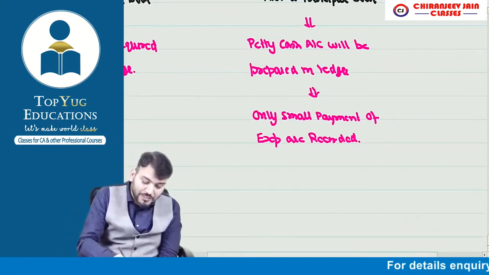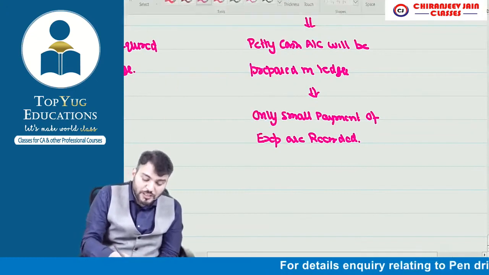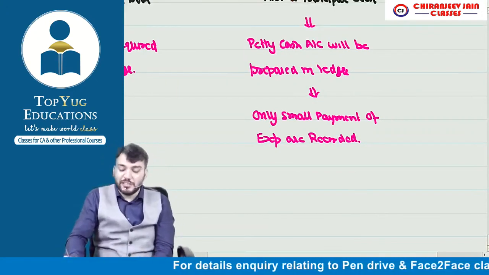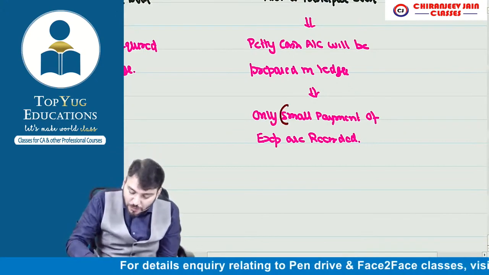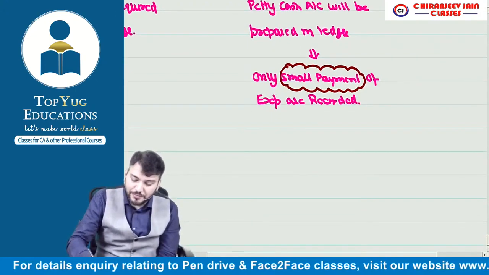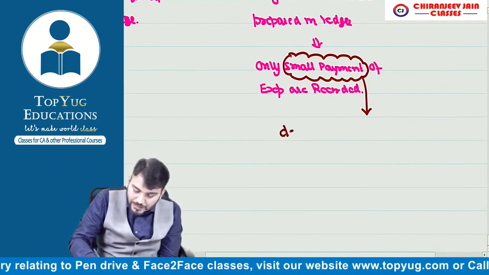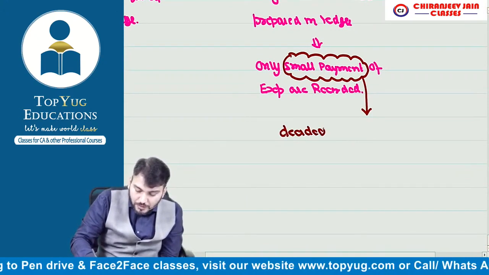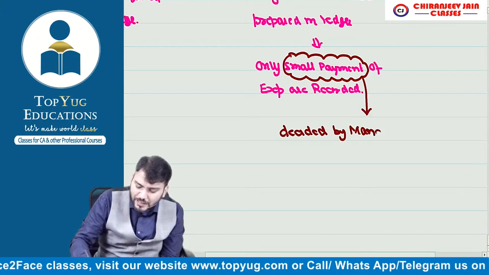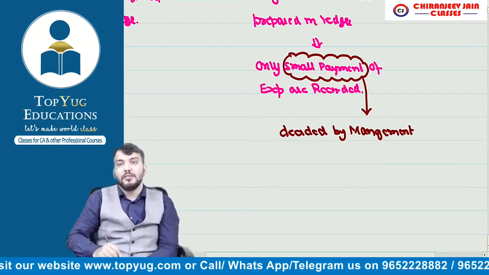Now the question is: sir, small payment up to which limit? How much is small? 10 rupees, 50 rupees, 100 rupees, 1000 rupees? This small payment will be decided by management. The accountant will not decide, correct.